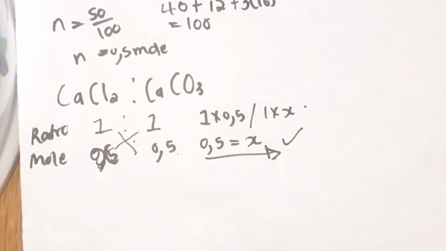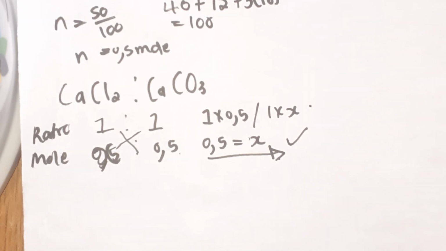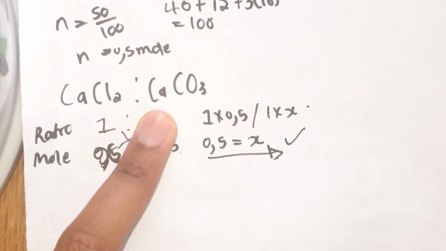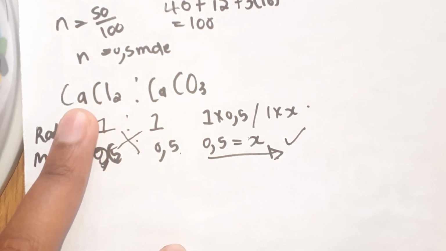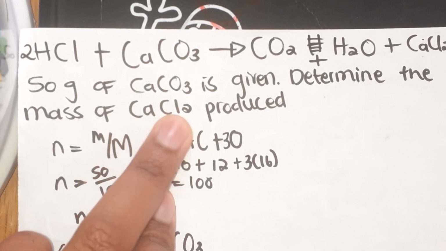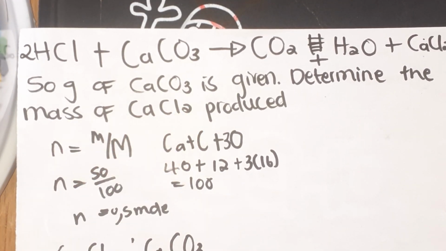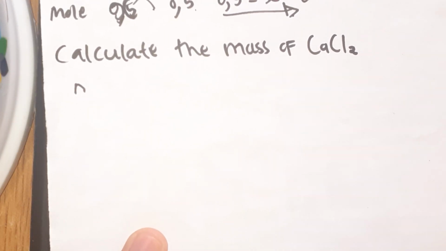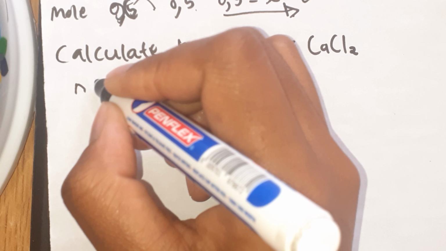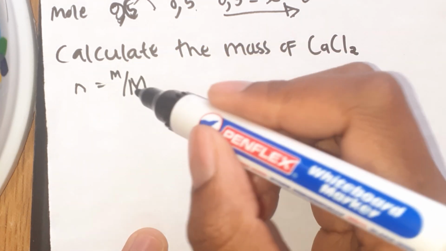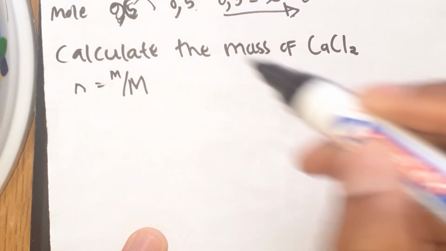Now that we have the mole of CaCl2, we are asked to calculate its mass. The only way we're going to calculate its mass is to first find the mole. Now we are going to calculate the mass. So n equals small m over big M. That mass they're talking about is the small m.